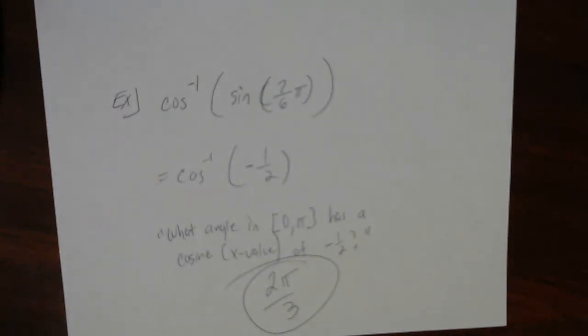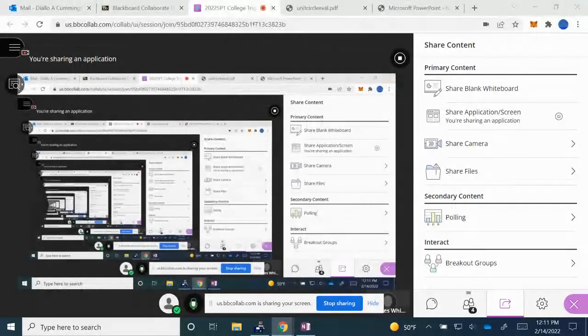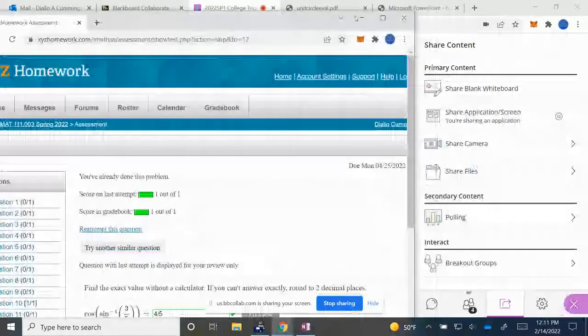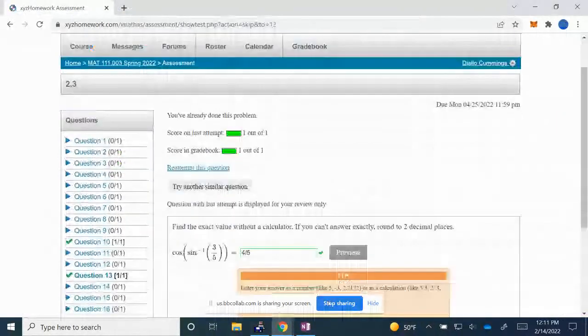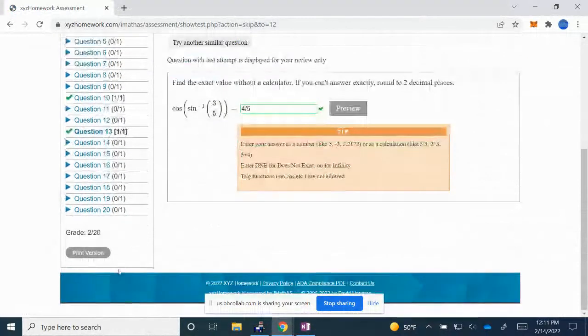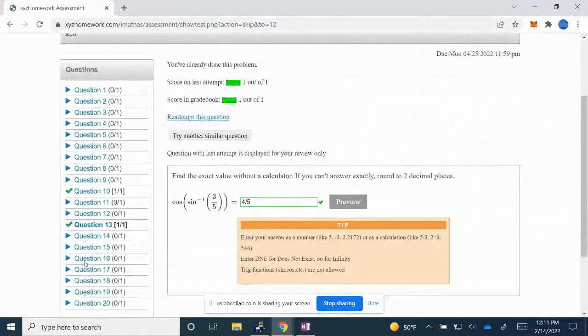All right, now I just want to guide your attention to some problems that are in the homework, such as 13 through, I believe, 20. Okay.